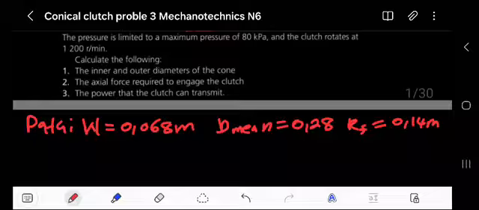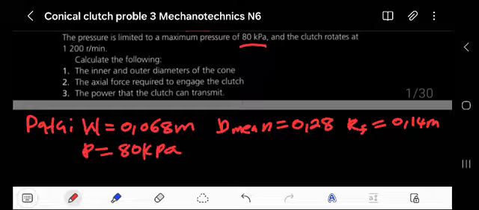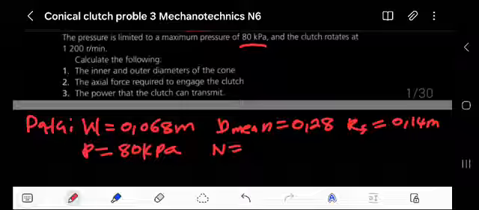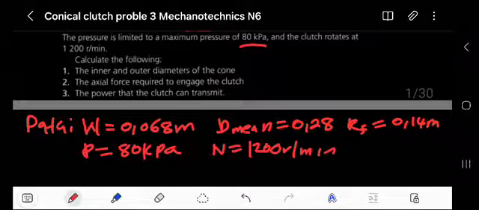So here we have now the pressure. We have been given the pressure, which is 80 kilopascal, and it rotates at 1200 revolutions per minute, and we're given the angle, which is 34. But remember we're dealing with the semi-groove angle, not the included angle.